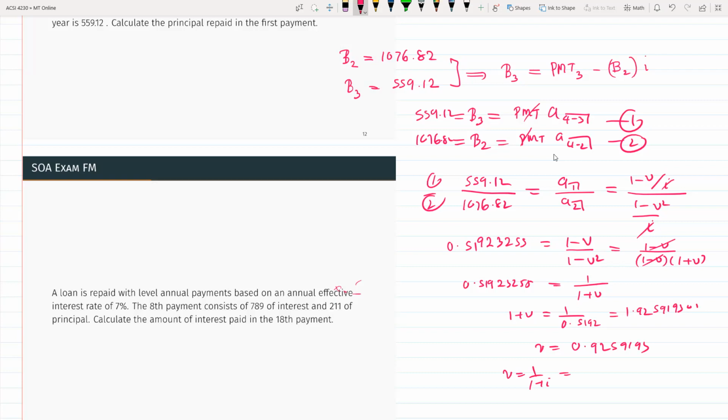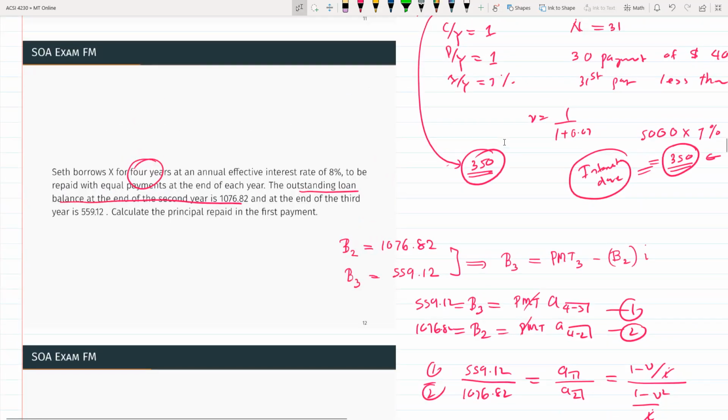So from here, you can solve for i, which is going to be 0.08. Okay, nice answer.